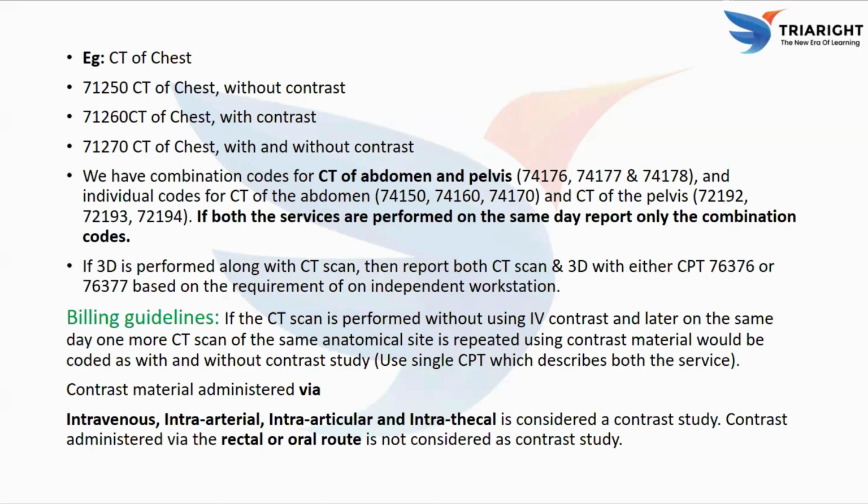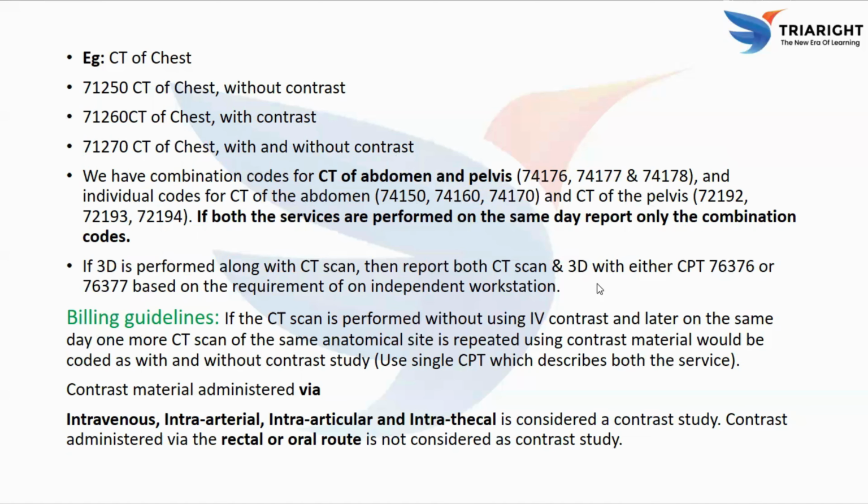For example, in the morning CT chest without contrast is done, and in the evening CT chest with IV contrast is done. What is the correct code? You have to assign CPT code 71270. Assigning the combination of 71250 and 71260 is very wrong. You have to give a combination code for with and without contrast.